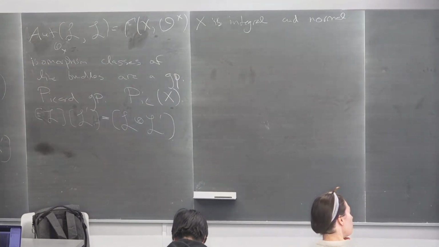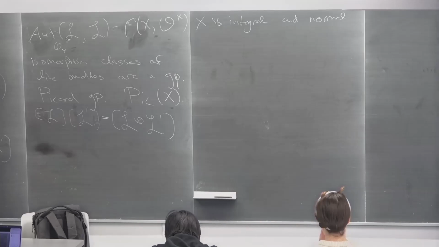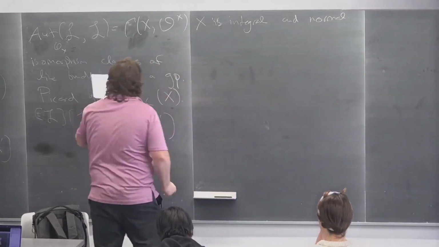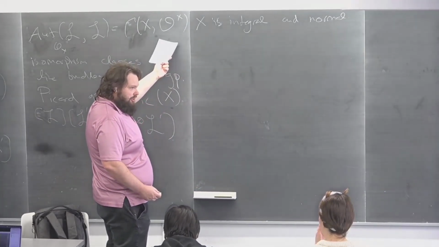Those line bundles. So, right, in this case, there's also an endomorphism sheaf, which is the structure sheaf. And similarly, there's an automorphism sheaf, which is the invertible elements of the structure sheaf.